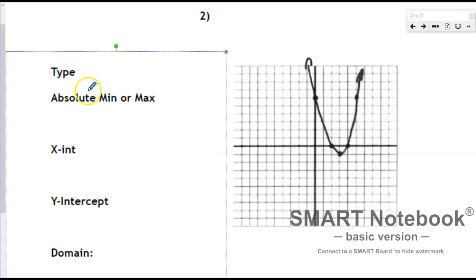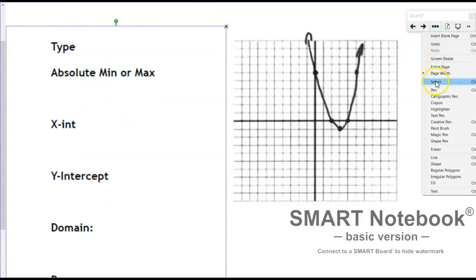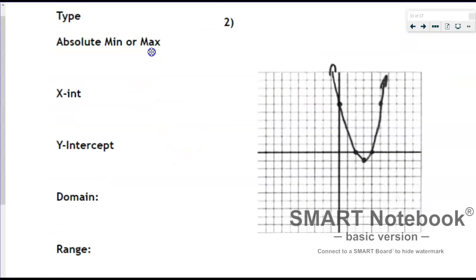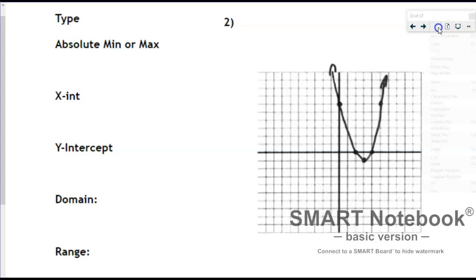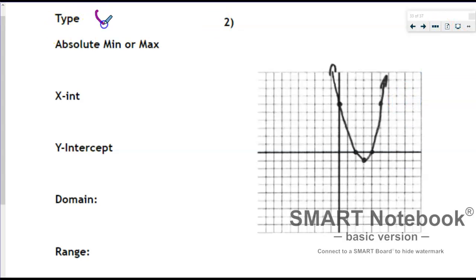Okay. All right, I'm going to just walk through one or two more with you guys. All right, looking at this one, same basic idea. We just want to try to identify what is what. All right, so this is a U-shaped curve, and we talked about how that's quadratic.